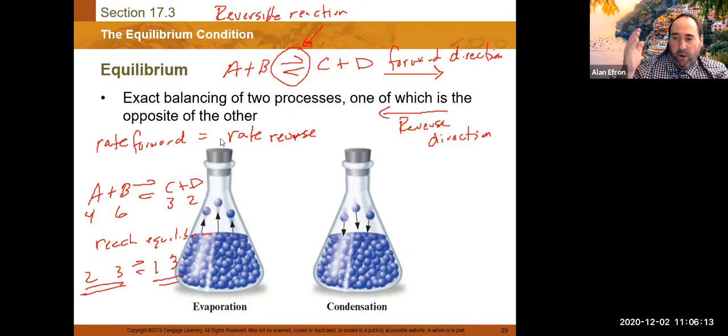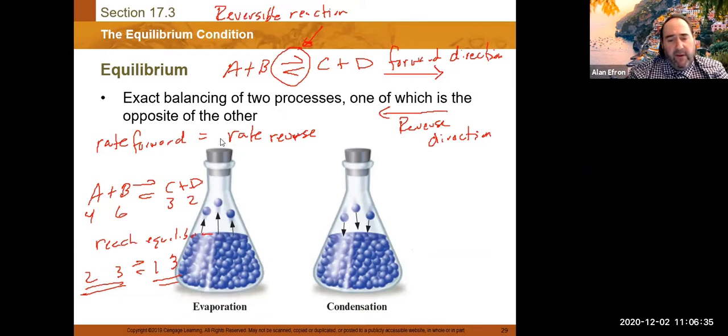It just means that once they lock into equilibrium, because it's going back and forth at the same rate, everybody locks into where they are in terms of their concentration. And they pretty much won't change because if you lose a little bit to the right, some of it comes back to the left, and everything basically maintains where it's at.